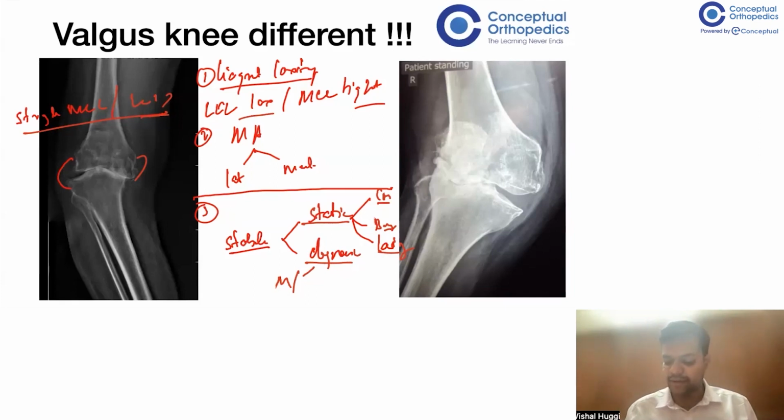Yes, the ligament laxity is there, but you should also think, since a ligament is a static structure, whether it becomes loose or stretched out is questionable. The second point is the mechanical axis passage, whether it is on the lateral side or the medial side. Depending upon that, we call it a varus or valgus knee.